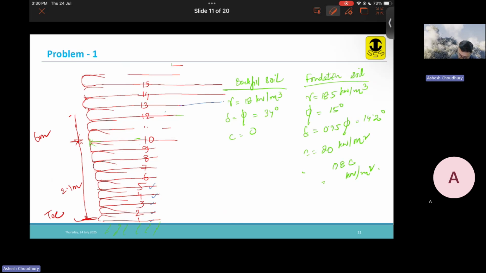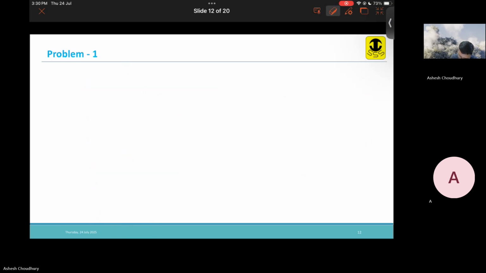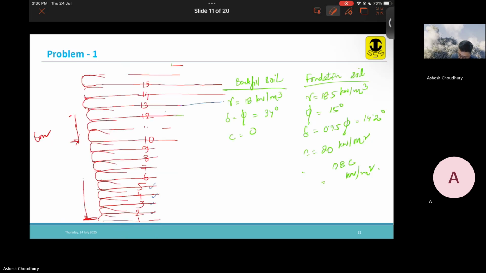Okay, in that way, it will be much better. I will write it here: redo this part as per our specifications. Okay.